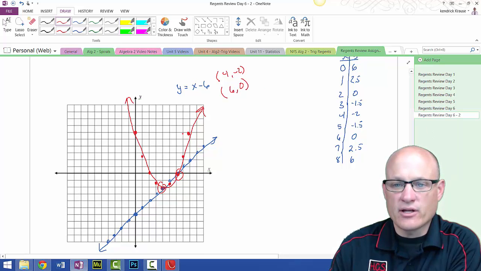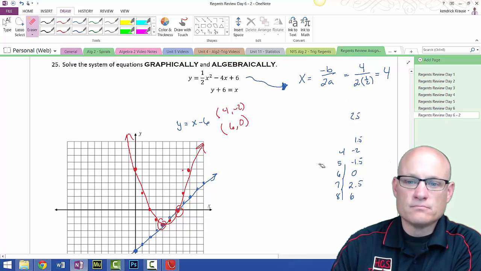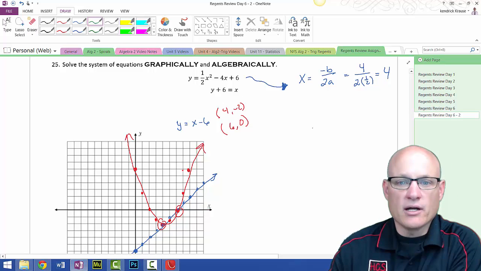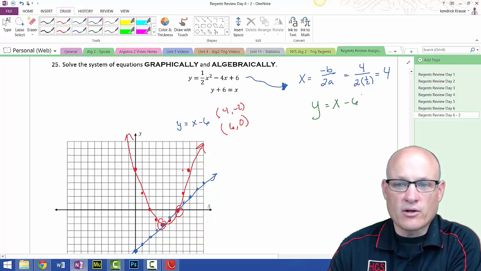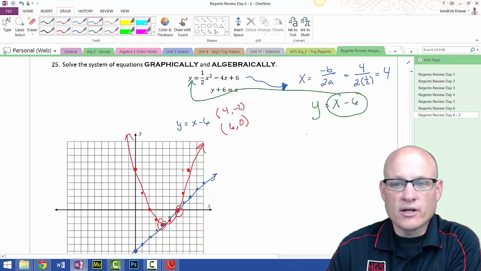All right, let's do this algebraically. Don't you wish you could do that? It's awesome. All right, so y is equal to x minus 6. We already know this. So we're going to take this, sub it in for y. So I get x minus 6 equals 1/2.